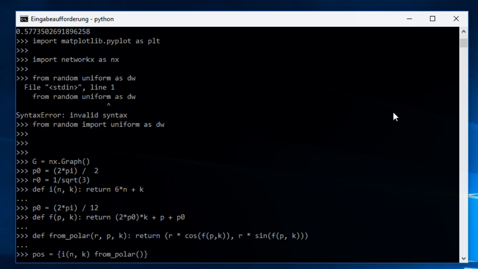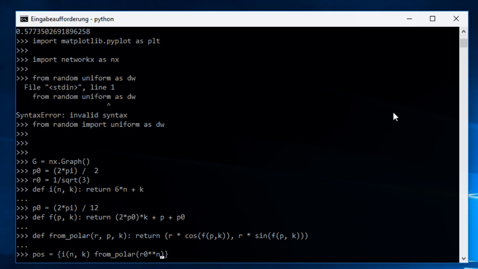So the radius that we pass to from polar will be r0, the default, to the power of n, right? So on the most outer one, when n is 0, this will be 1, and in the second one, this will be r0, and if we go deeper, we multiply it again by this factor.